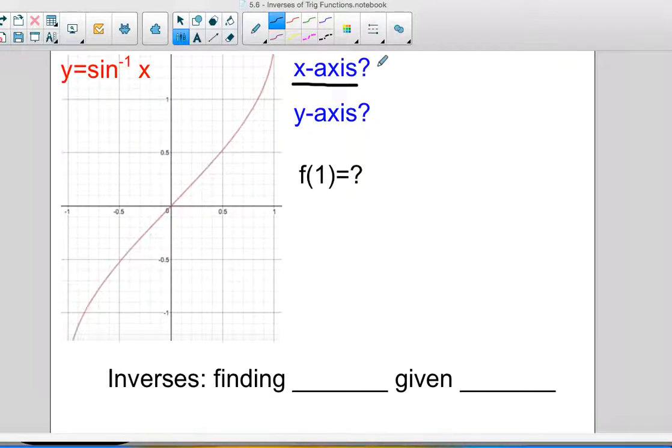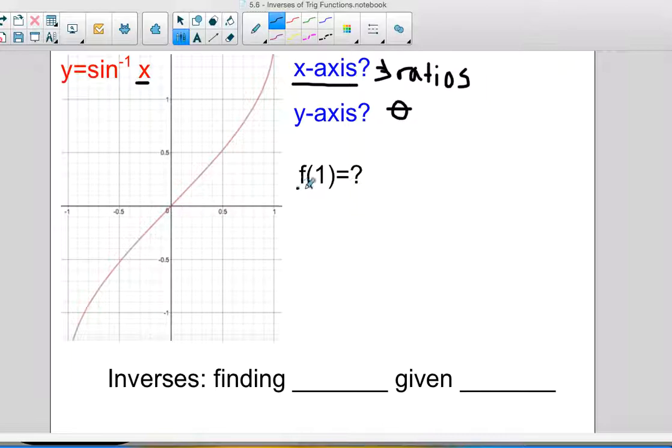So the independent variable, what you plug in, are the ratios themselves. So -1, 1, √3/2, whatever the number is. You plug in the ratio for x right here, and then what it spits out would be, as you may have guessed, the angle. So all of your answers here are going to be angles.